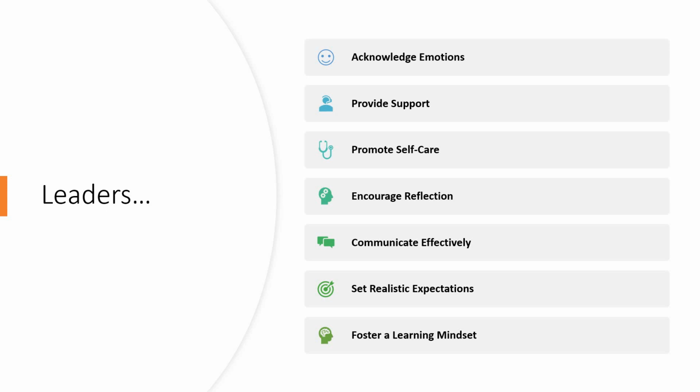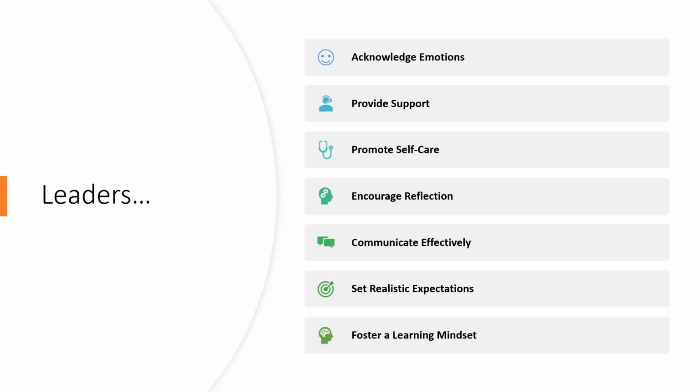They acknowledge emotions. They encourage individuals to acknowledge and express their emotions rather than suppressing them. They provide support. The leaders offer support and resources to help individuals cope with their emotions and navigate the challenges they are facing. This could involve providing access to counseling, coaching, or other forms of support. Leaders also promote self-care.